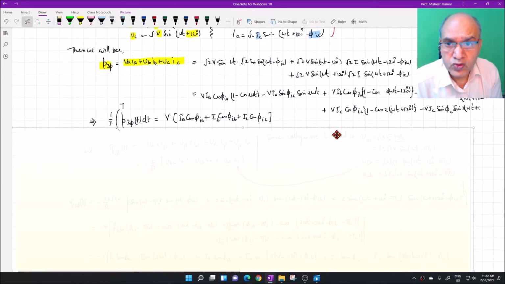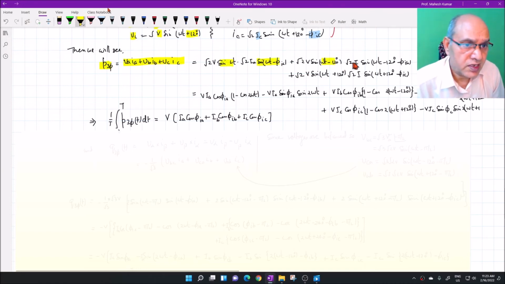Just multiply the two sine components, sine A, sine B. Root 2 times root 2 becomes 2. So again 2 sine A sine B becomes cos A minus B minus cos A plus B. If you collect the coefficients of cos phi and sin phi, for the first phase you will get VIA cos phi A times 1 minus cos 2 omega t, and then the reactive term is VIA sin phi A sin 2 omega t.